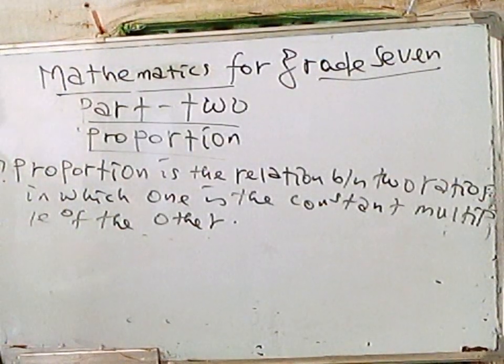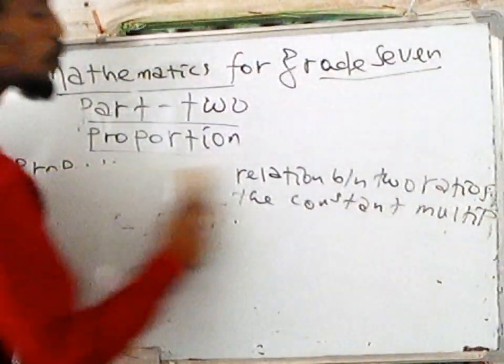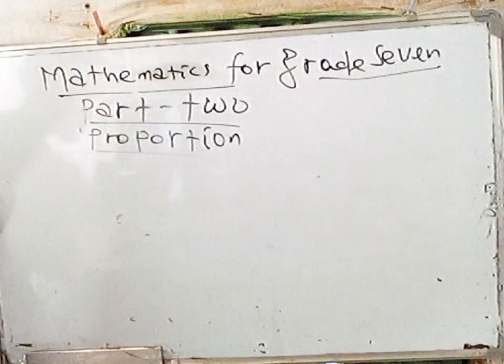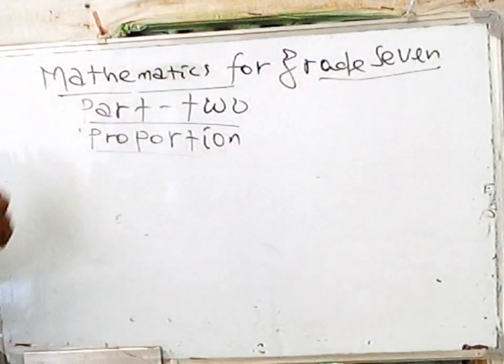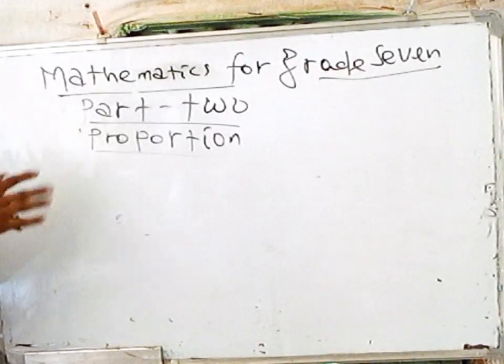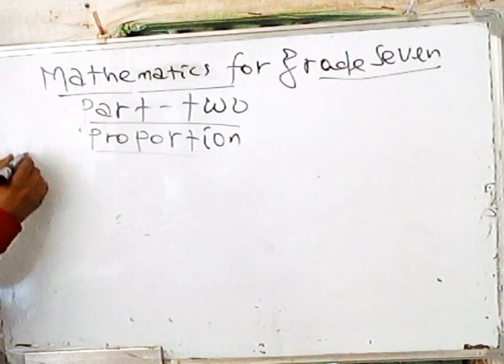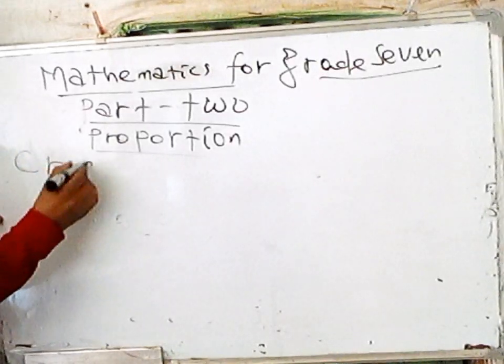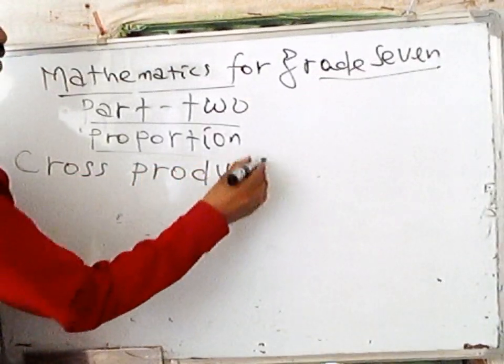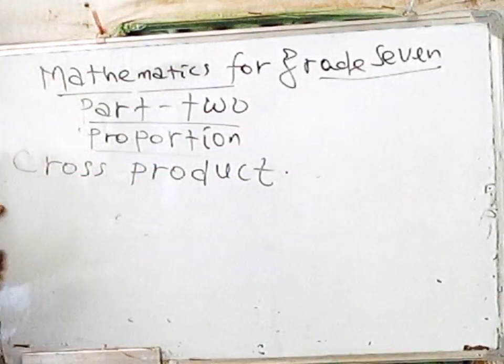How do we know whether two ratios are proportional or not? We can know by using the cross product.